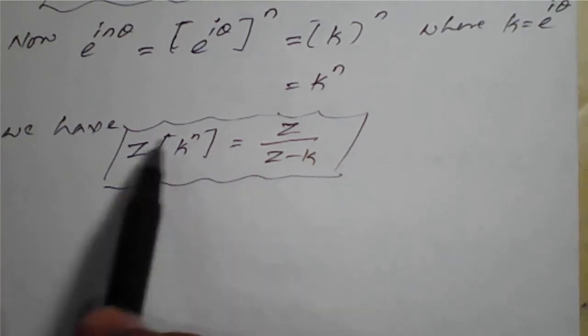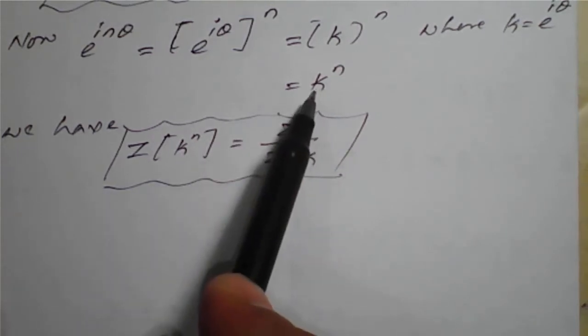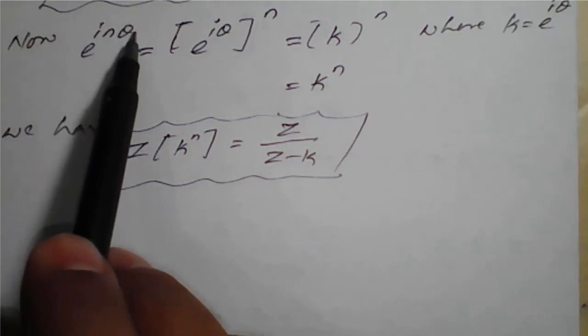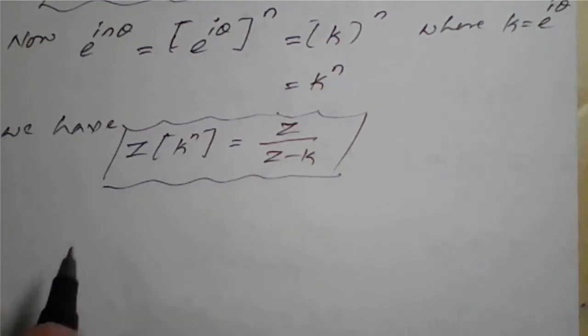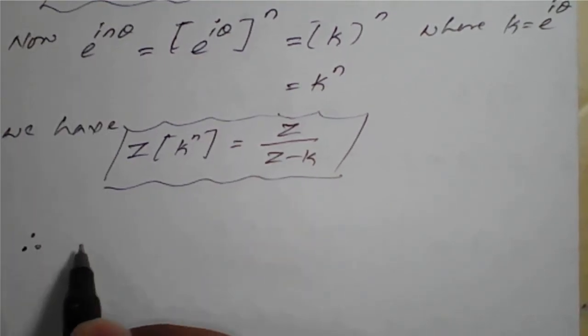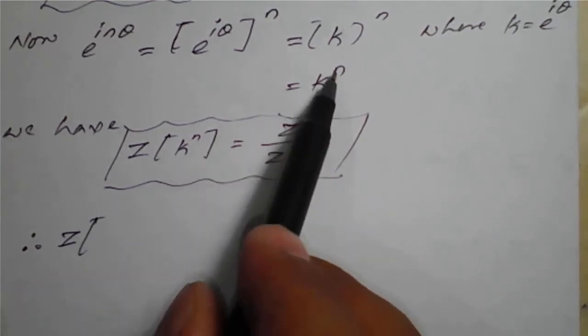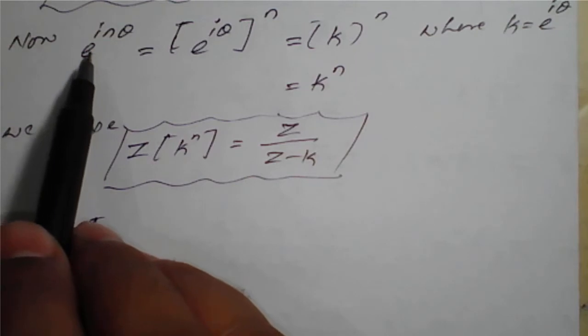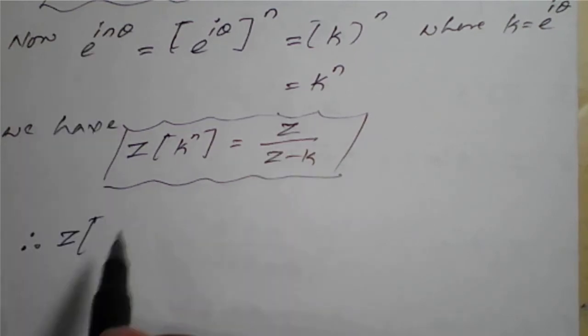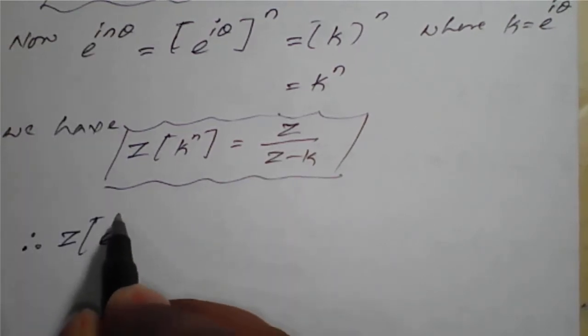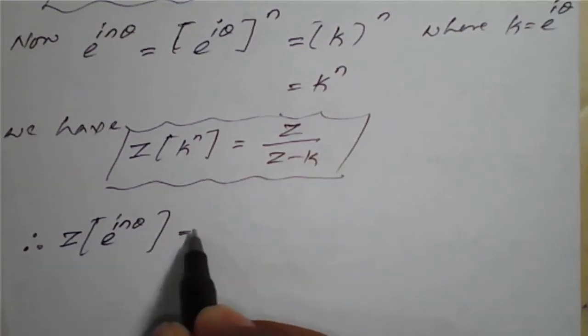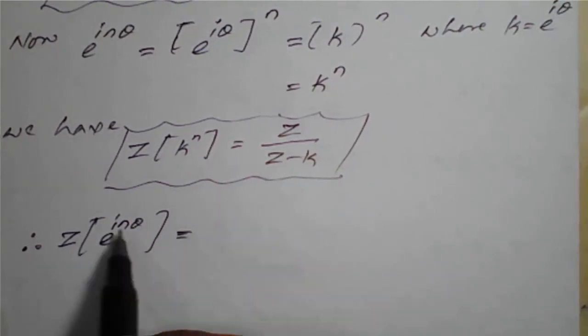Now here we know that k raised to n is nothing but e raised to i n theta, so I will apply it here. Therefore the z transform of k raised to n, which we have considered as e raised to i n theta, is, wherever k is there we'll replace it.